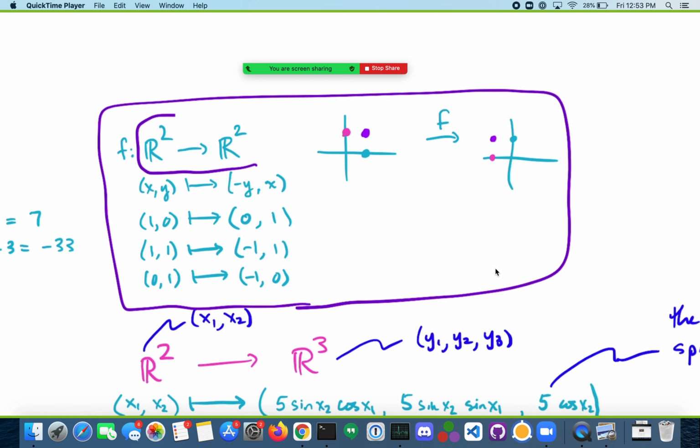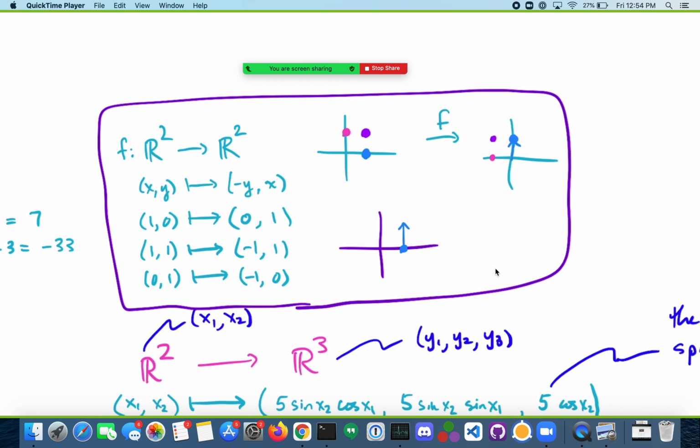So when the input space and output space of a map are the same, we can visualize them as separate spaces, like here's the input space, here are the outputs. Or we can visualize them a little differently, and this is called a vector field. So the point 1, 0 went to the point 0, 1, which is up here. But what I can do is attach to the point 1, 0 the vector that's pointing towards that point.